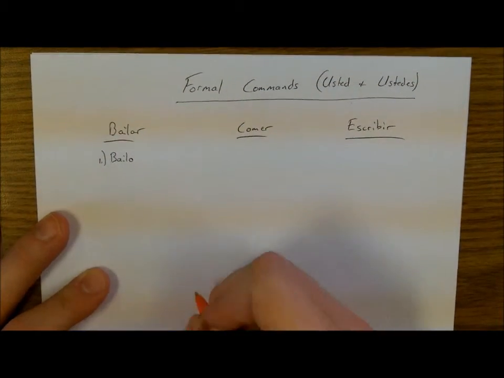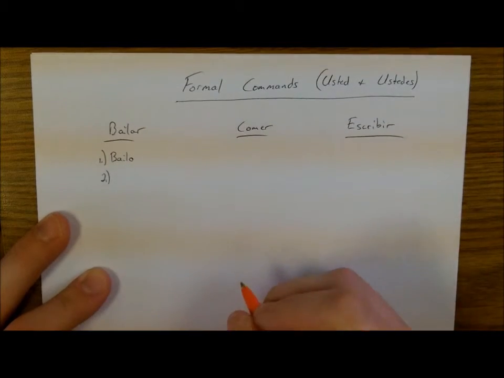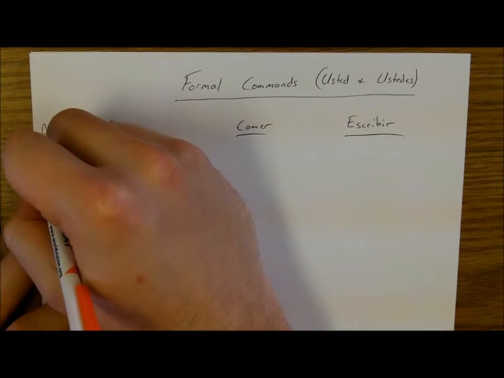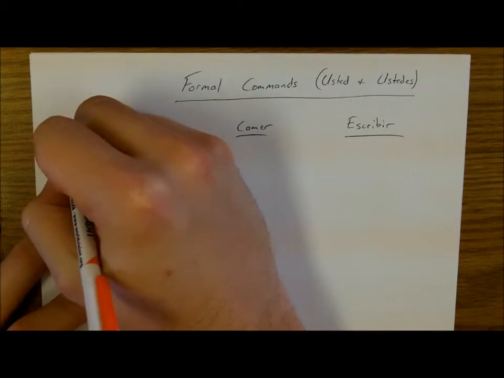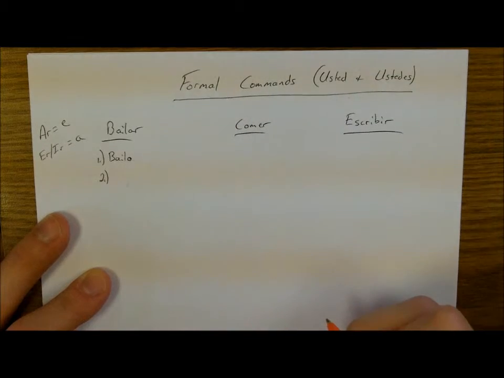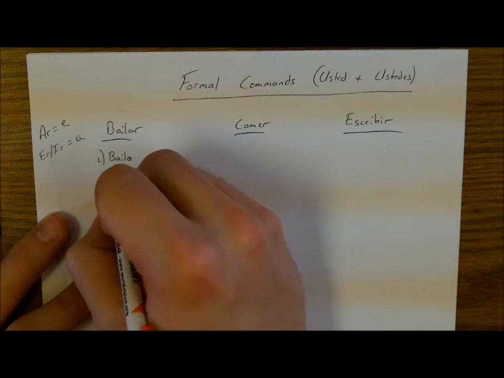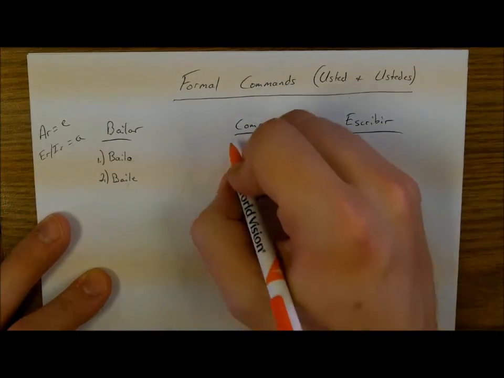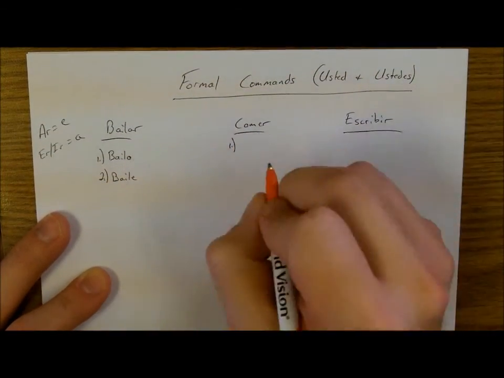We get bailo. Step number 2, opposite ending. And what I mean by that is AR verbs will get an E, ER, IR verbs will get an A. So we'll have baile. Alright, let's do this again over here.